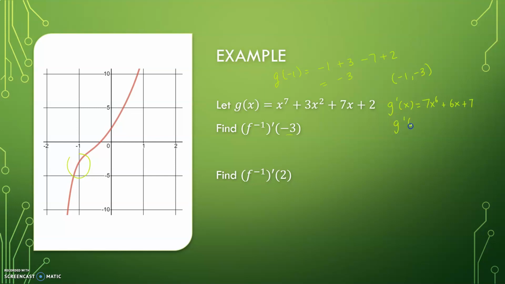So g prime of -1 would be 7 minus 6 plus 7, or 8. This would be the reciprocal of that. I will leave that f inverse prime of 2 for you to solve on your own, but I will write the answer so that you can check it yourself later.